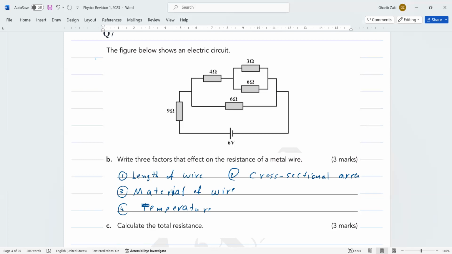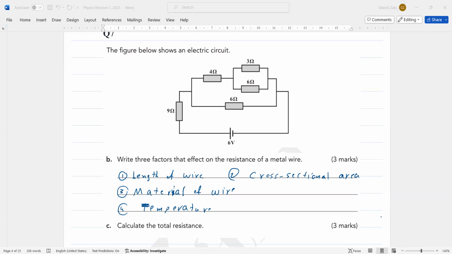Calculate the total resistance. Try to think of this question. Okay.